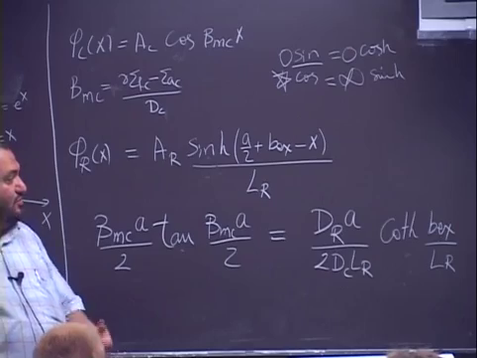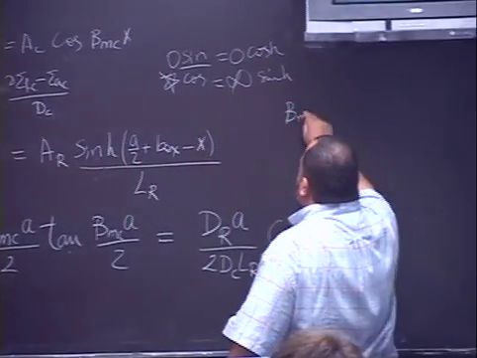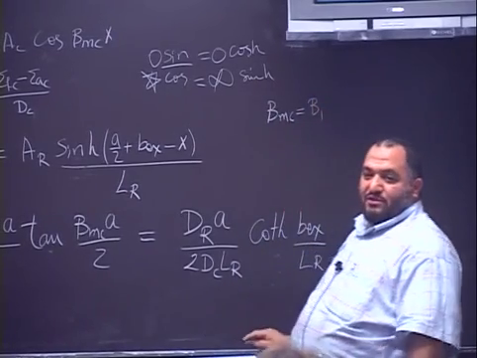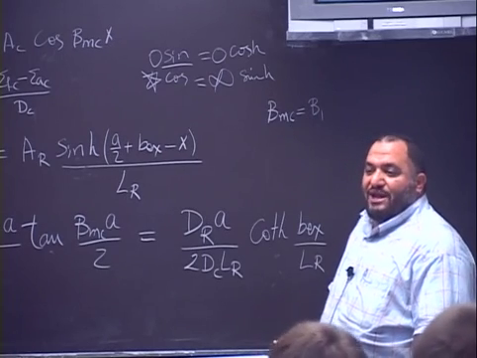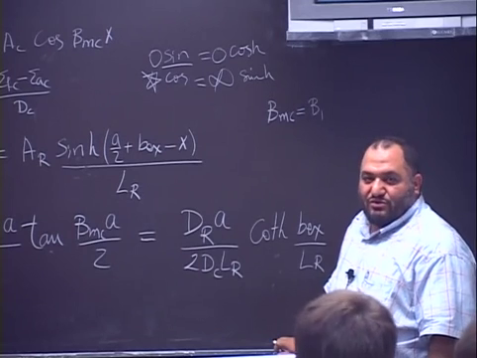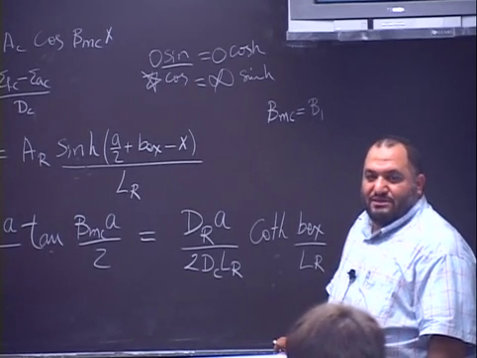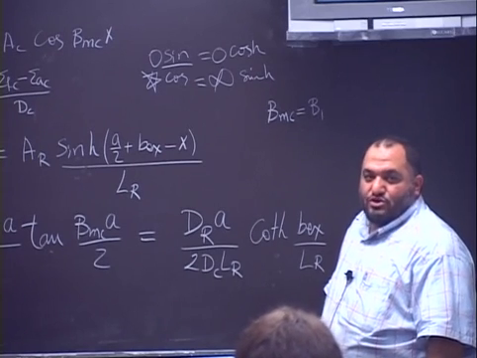You knew from the criticality condition that the material buckling of the core is equal to the geometrical buckling of the core. I want to know, after I added the reflector to the reactor, what the new material buckling is and how it is equivalent to the new geometrical buckling.